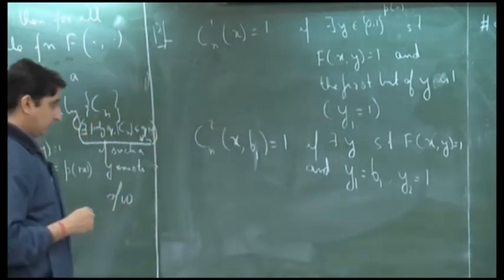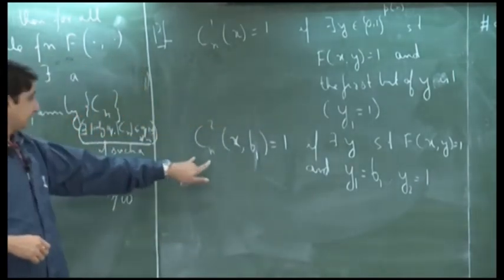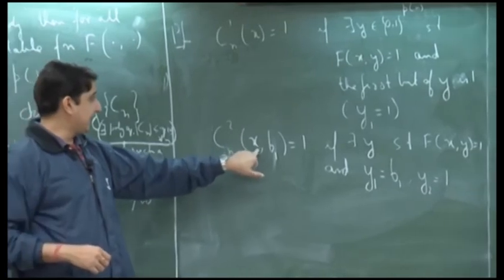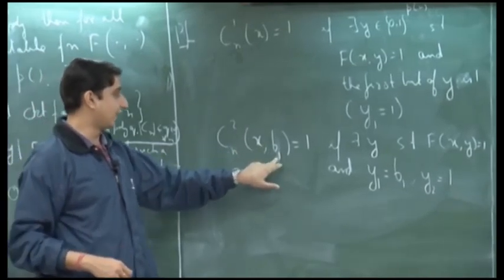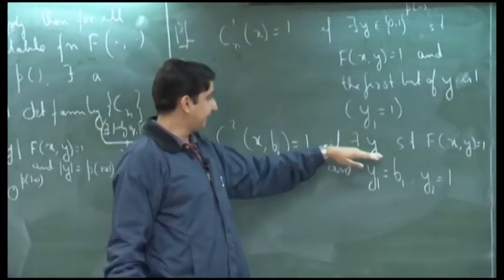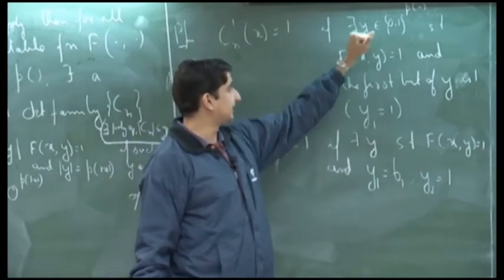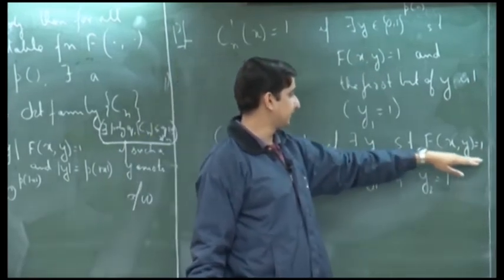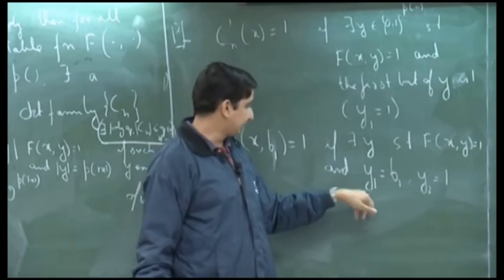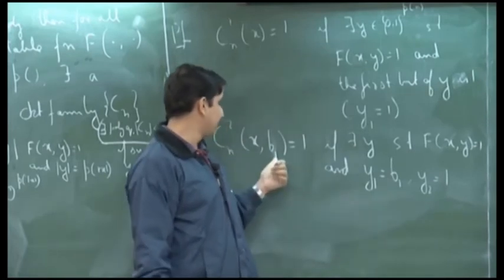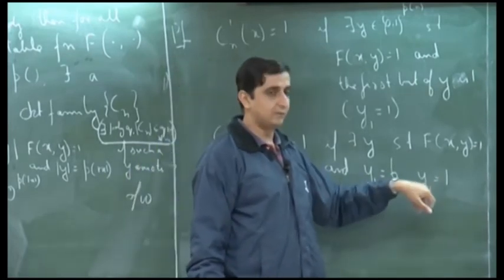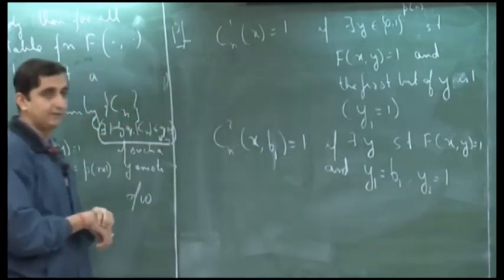Now I am claiming that suppose you are given a string x and a single bit b1, checking whether there exists a y of length p of n such that f of x y is equal to 1 and the first bit of y is equal to b1 and the second bit is equal to 1, again this can be checked in NP.